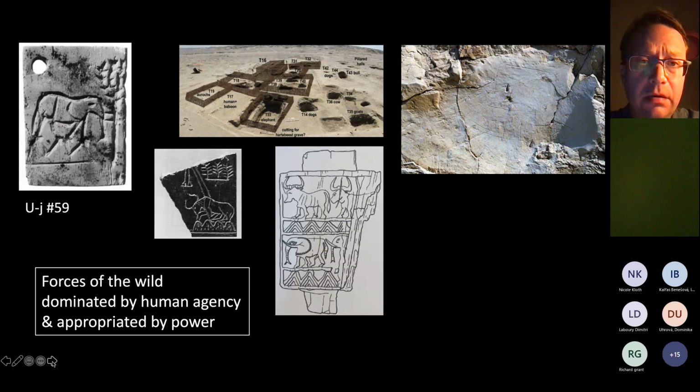Putting all these things together, what we have in this elephant above the hills is probably a notion of the forces of the wild, untamed, which are, however, dominated by human agency. And that's what we certainly have already in HK6, 200 years before UJ, and therefore appropriated by some kind of power, which power increasingly becomes a royal power.